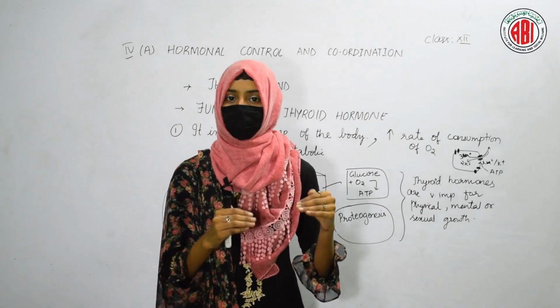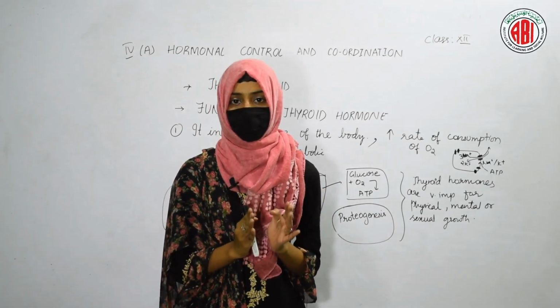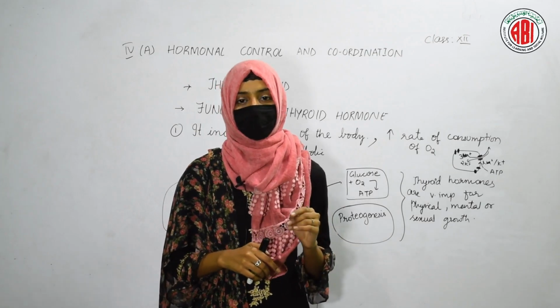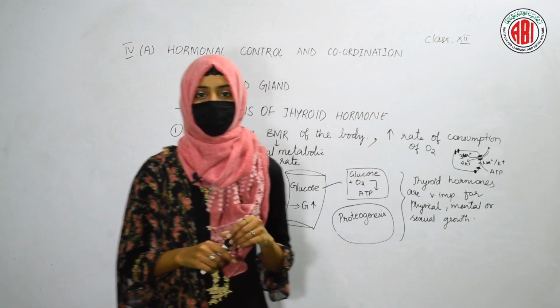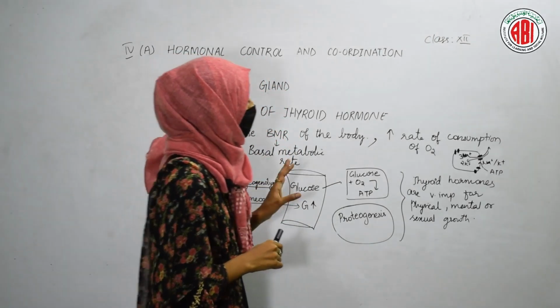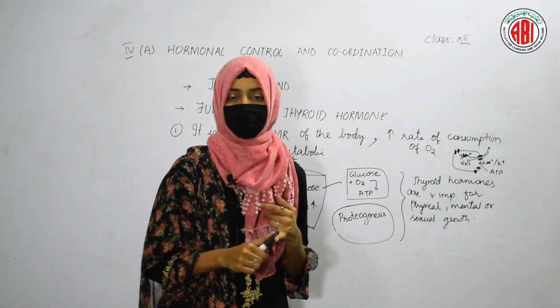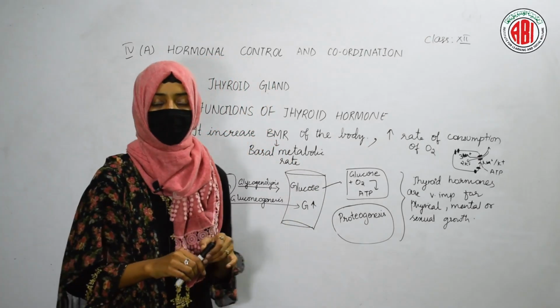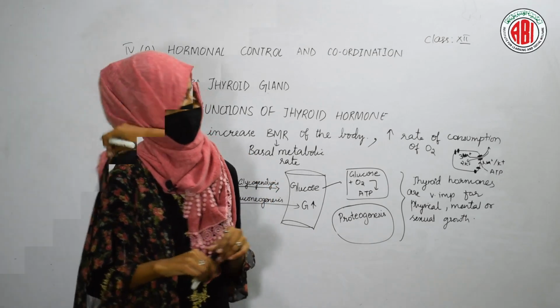It should not exceed or decrease its secretion. It should be in a normal condition, because thyroid hormone plays a crucial role in the growth of the fetus. So in this way, thyroid hormone is very essential for the physical, mental and sexual growth of an individual. So these are some of the functions of thyroid hormone.